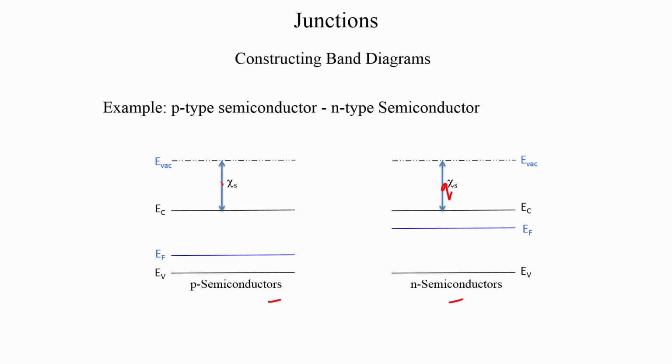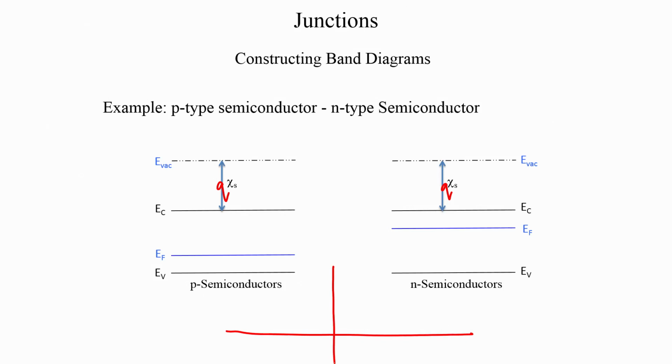Again, if you want the energies, it is q times chi, and the Fermi level for a p-type semiconductor is located closer to the valence band edge, and the Fermi level for an n-type semiconductor is located closer to the conduction band edge, and here you have your two different semiconductors. Now we try to create a junction. Let us think about what will happen before we actually see the next figure. The first thing is the Fermi levels will align. So, let us align the Fermi levels.